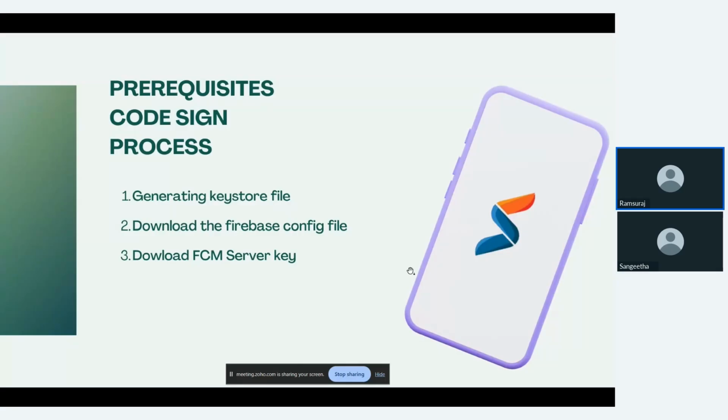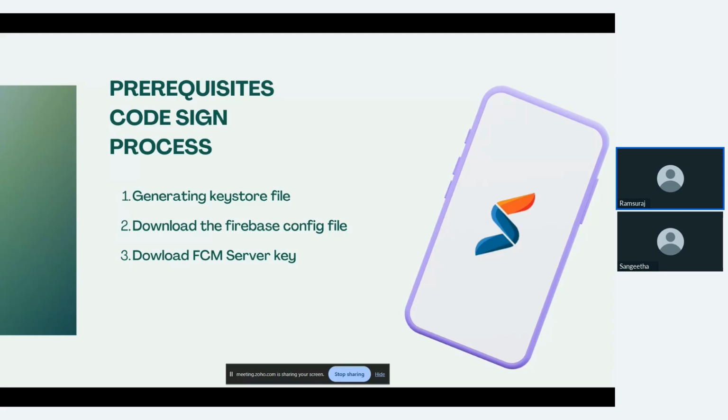A keystore is a secure file that holds the cryptographic keys used to sign your Android app. If you are going to rebrand your Android app, you need this keystore file to sign it. It's like a digital passport that proves the app is legitimate and has not been tampered with.